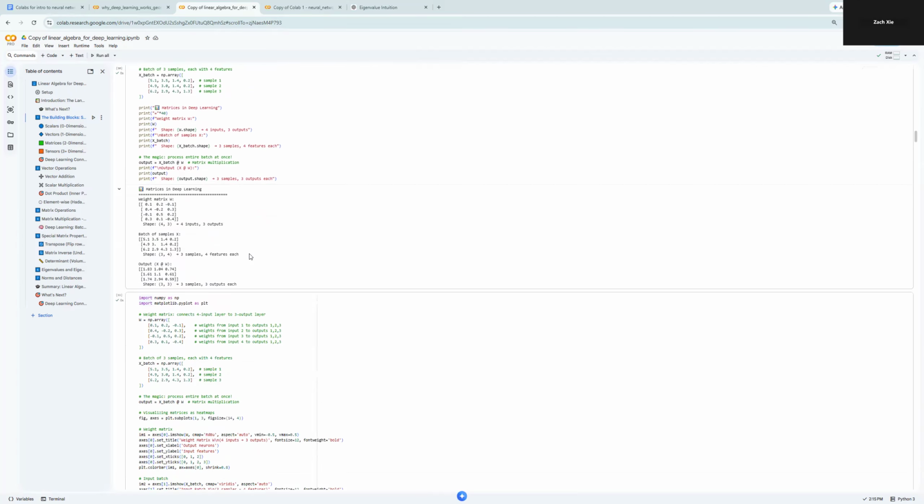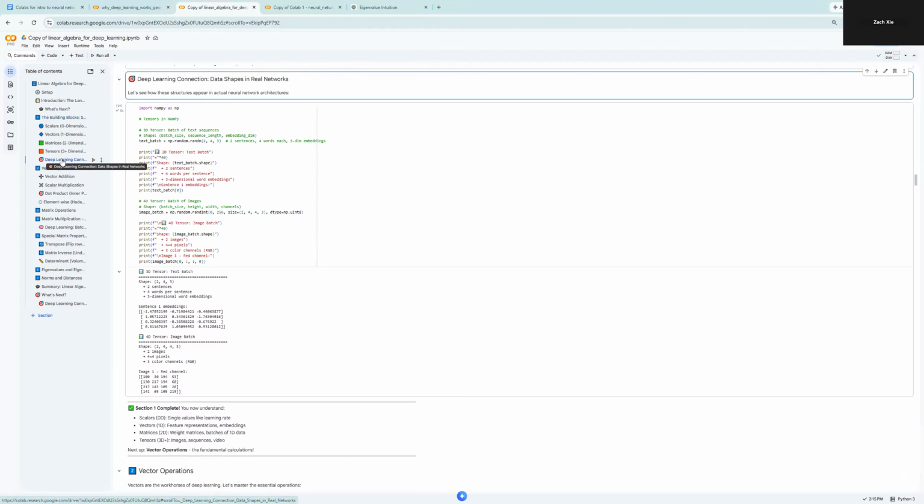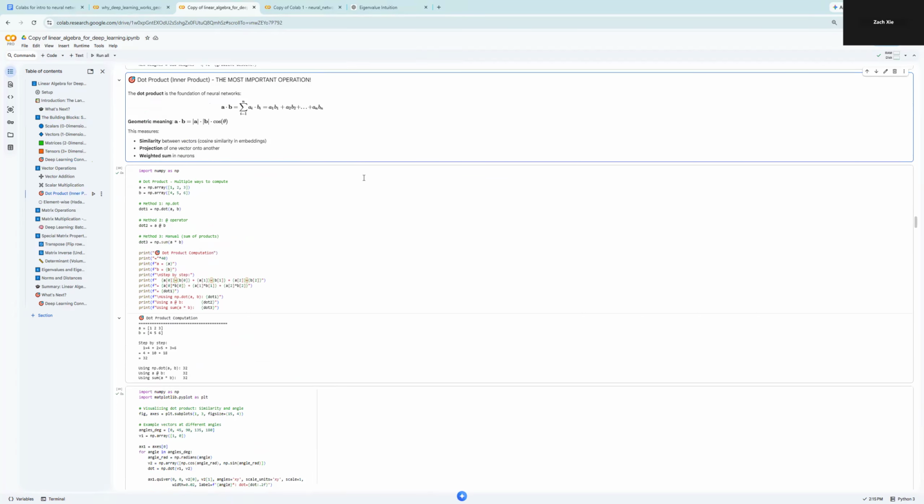One thing I do want to touch upon that is kind of interesting is that once we move to this part, dot products. With NumPy, there are multiple ways of doing this.